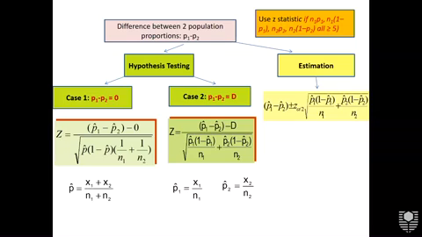So we're going to have n1 and n2, p1 and p2. So we have to meet this condition first to approximate. If it's equal to 0, we're going to use the first case in here. If it's different than 0, we're going to use the second case.